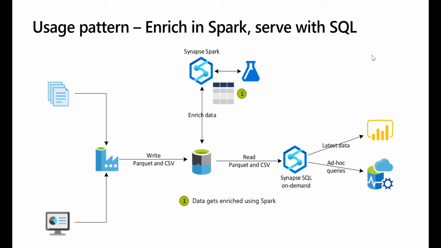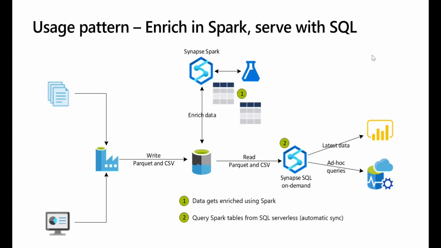When you load your data in Azure Data Lake storage, you can use Apache Spark in Synapse Analytics to enrich data, perform some advanced machine learning, and transform your data. As a result, you can create tables in Apache Spark to access your data.